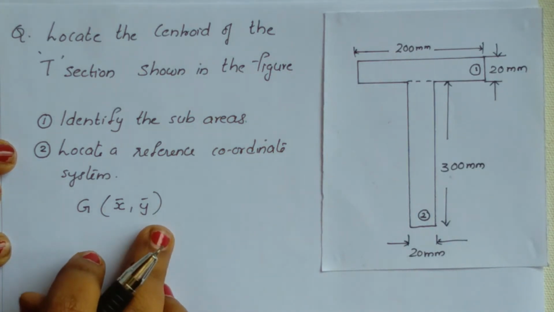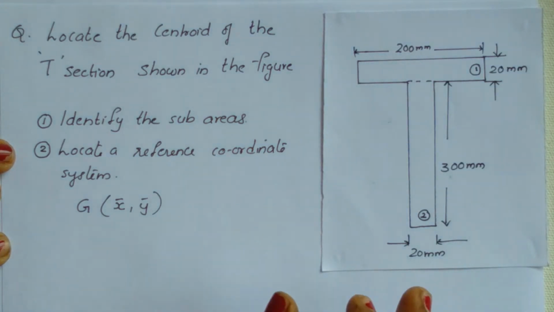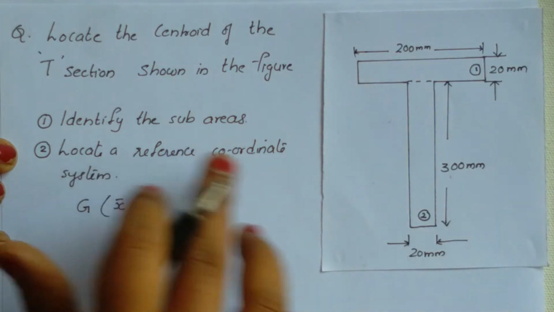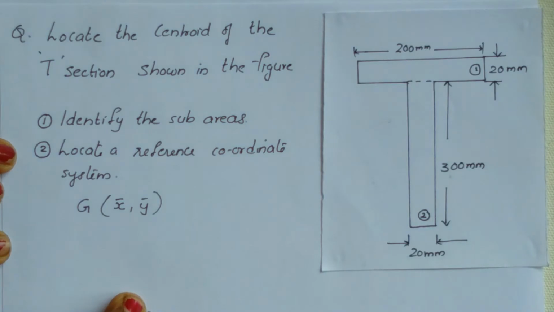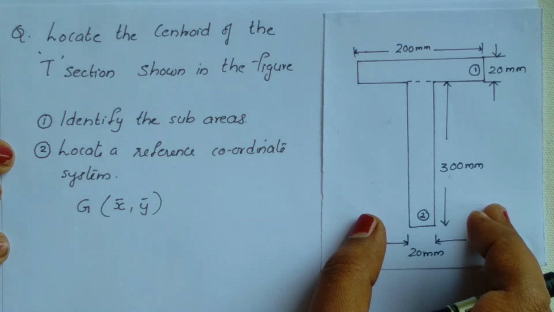For defining a point as coordinates, we need a reference coordinate system. That is why the second step is necessary. When we establish a reference system, that is an x-axis and y-axis, we should proceed like this.